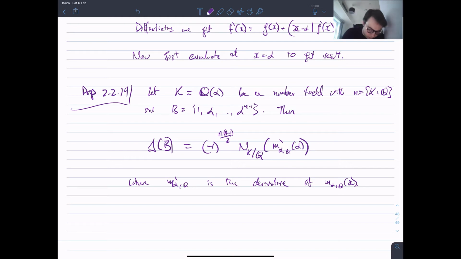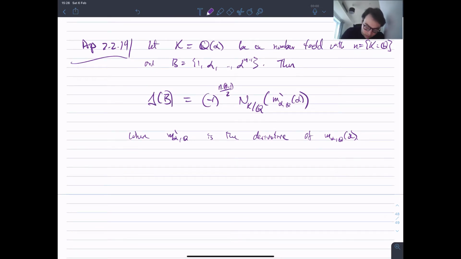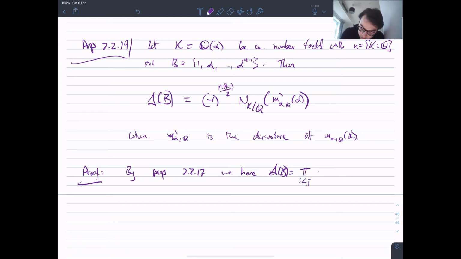Proof is actually not so hard now that we have all of this stuff. So proof by proposition 2.2.17, we have the discriminant of b is the product over i less than j of sigma i of alpha minus sigma j of alpha, squared.